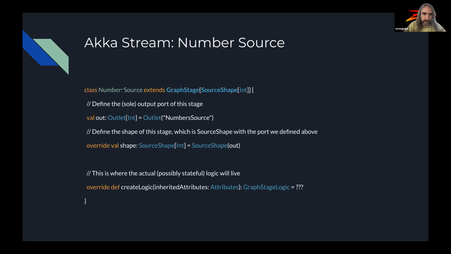So it's a source. Why is it a source? Because it has a shape of a source that produces Int. Everything is typed. There is the notion of outlet, because a source has an output. There are many other details, and the implementation goes in this function.